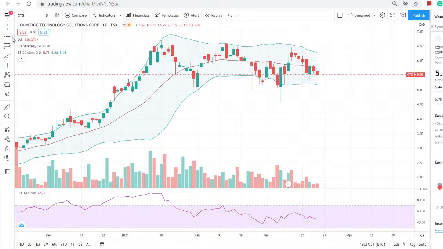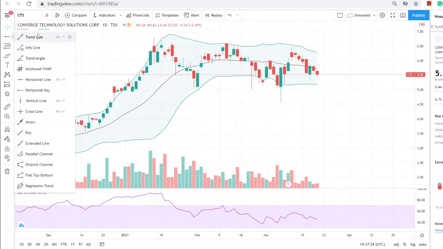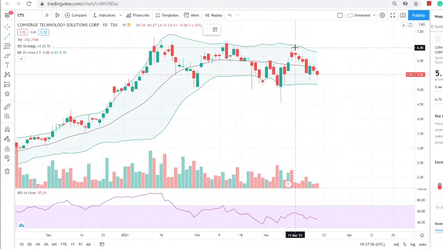If you see the trend line, it's still downward. Can draw a trend line here.